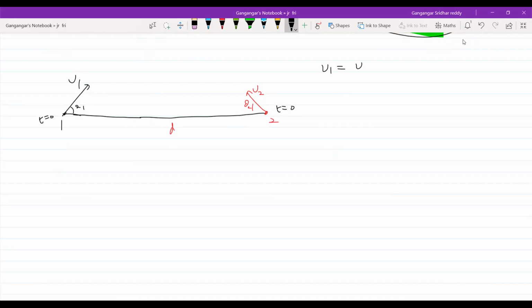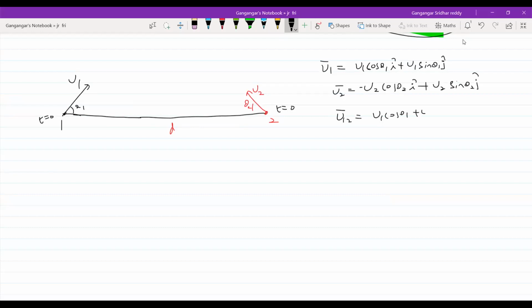What is u1 bar? u1 cos theta 1 i cap, u1 sin theta 1 j cap, minus u2 cos theta 2 i cap. u12 bar will be (u1 cos theta 1 plus u2 cos theta 2) i cap.